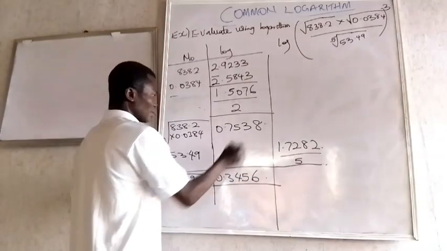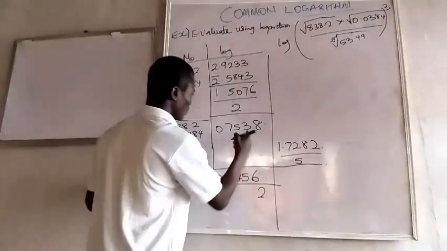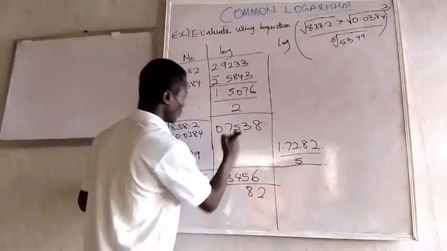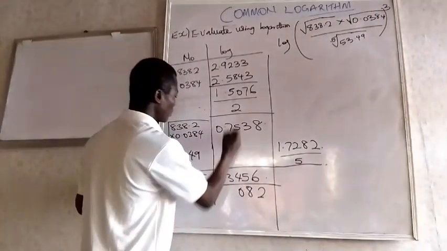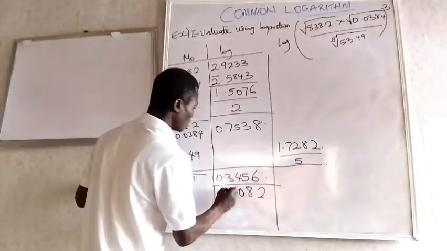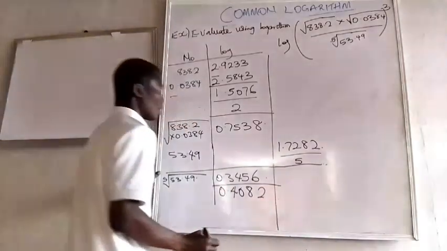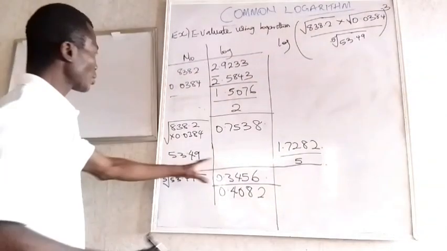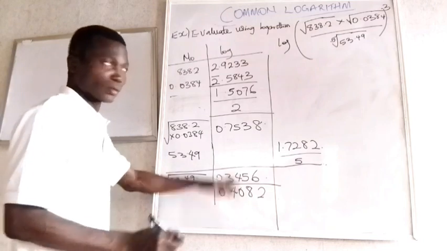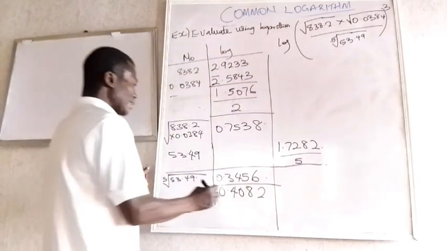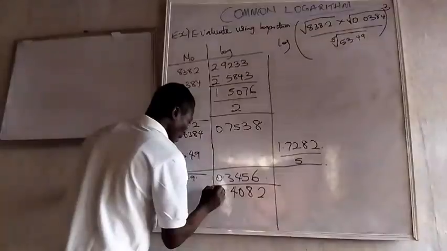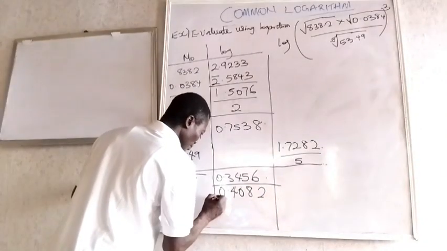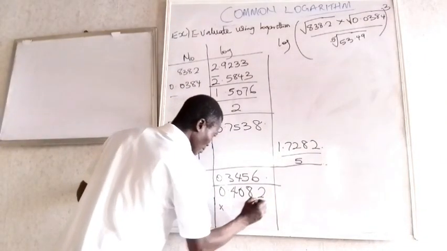So what does that give us? It's giving us 0.4 approximately. But note, we are going to raise this one to the power of 3. So at the end of the day, we are going to multiply this one by 3.